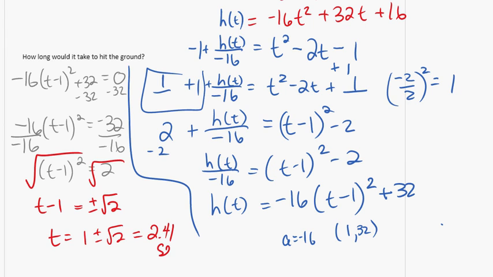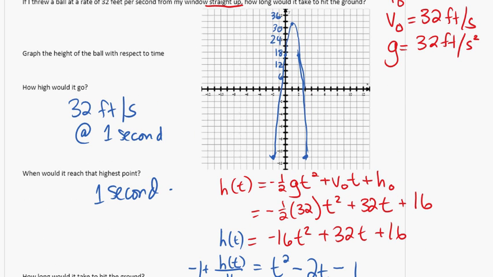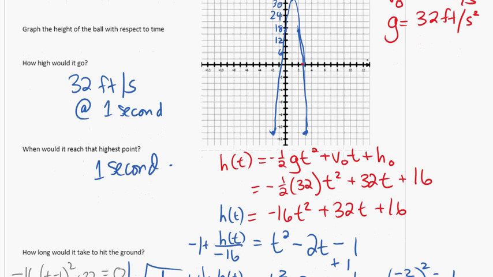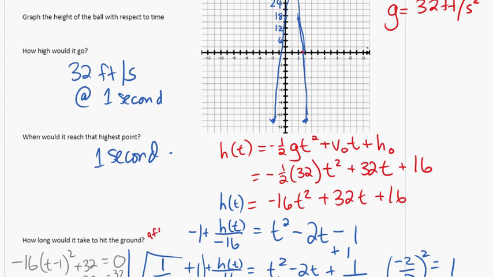So after 2.41 seconds, it hits the ground. And if I look at that, 1 second, 2 second, yeah, I could see that being about 2.4. So when does it hit the ground? After 2.41 seconds, approximately.